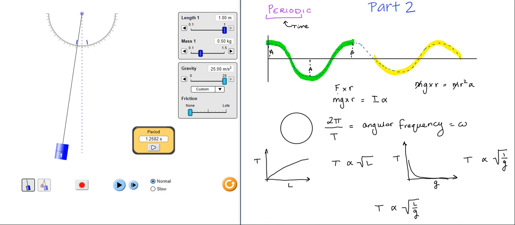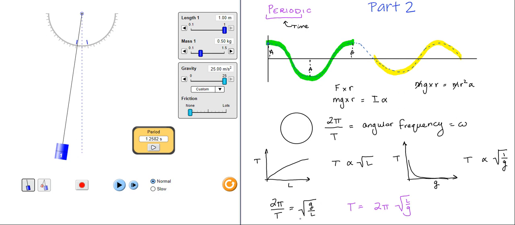Now, one thing that we want to look at here is that the angular frequency is 2 pi over T. And we've got T over here, so let's see if we can relate 2 pi radians to this expression. Because we have the inverse of T here, we're going to set this equal to the inverse of that equation. Now when I solve for T, what I end up finding is that T is equal to 2 pi times root L over g.